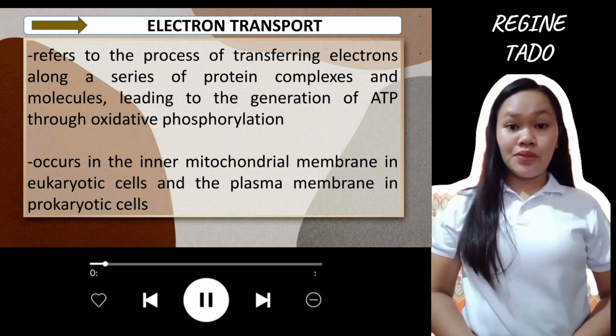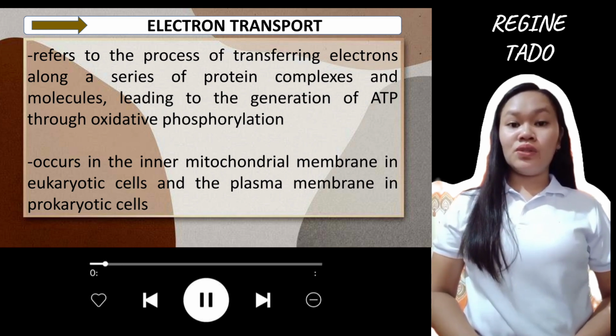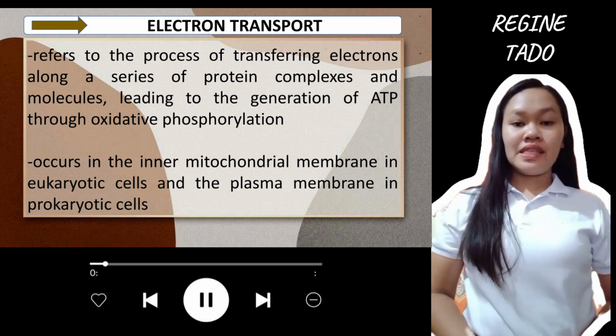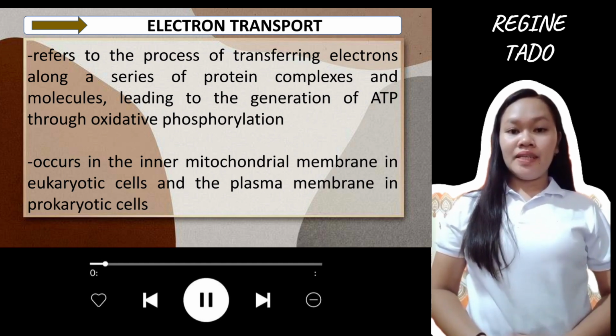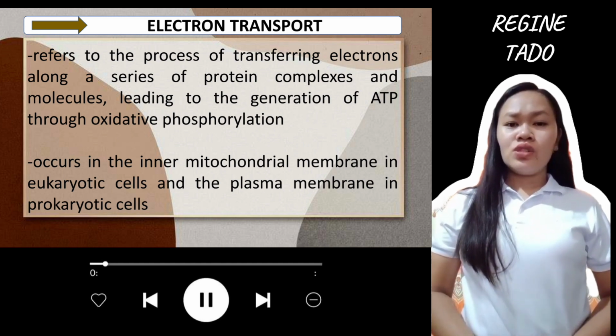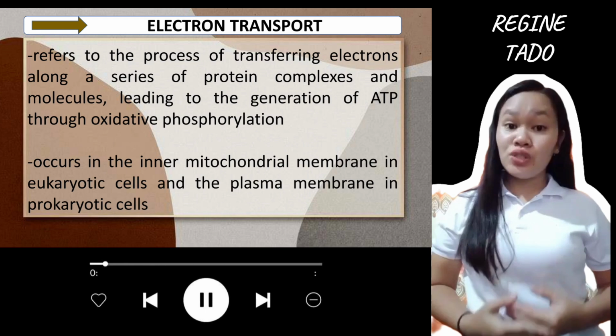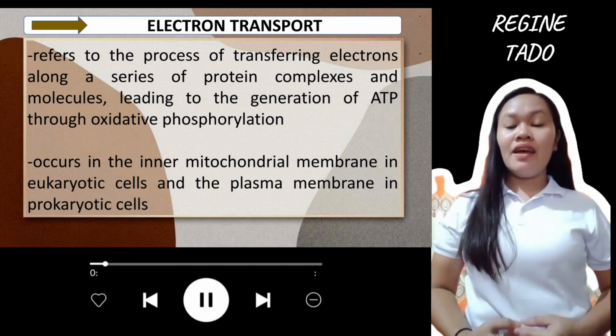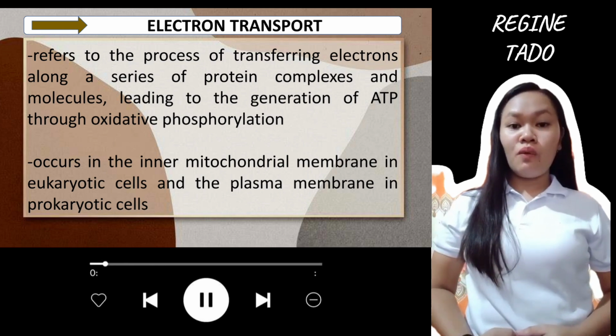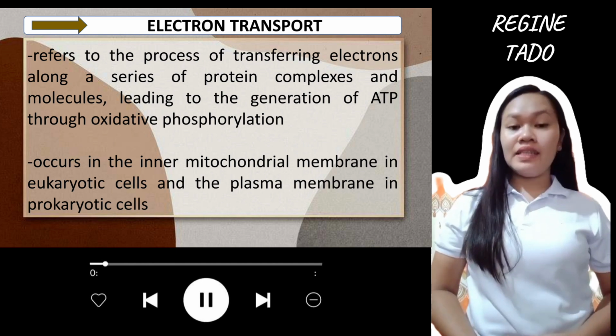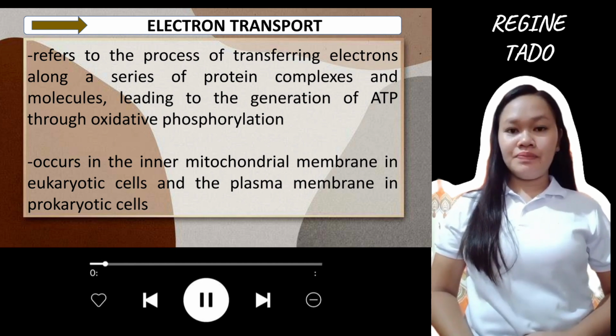Electron transport occurs in the inner mitochondrial membrane in eukaryotic cells and the plasma membrane in prokaryotic cells. So, why does electron transport in eukaryotic cells occur in mitochondria while in prokaryotic cells it occurs in the plasma membrane?